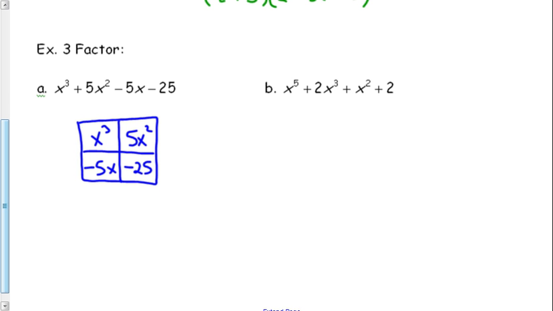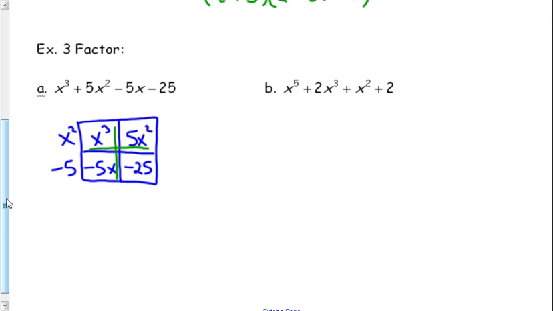Then we're going to go across the rows and across the columns to factor out any greatest common factor. If I'm looking along the first row, those two terms that I just underlined in green both have an x squared in common, so I'll factor out that x squared. If I go along the bottom row, they both have a negative 5 in common, so I'm going to write negative 5 here. Next, I'm going to do the columns.